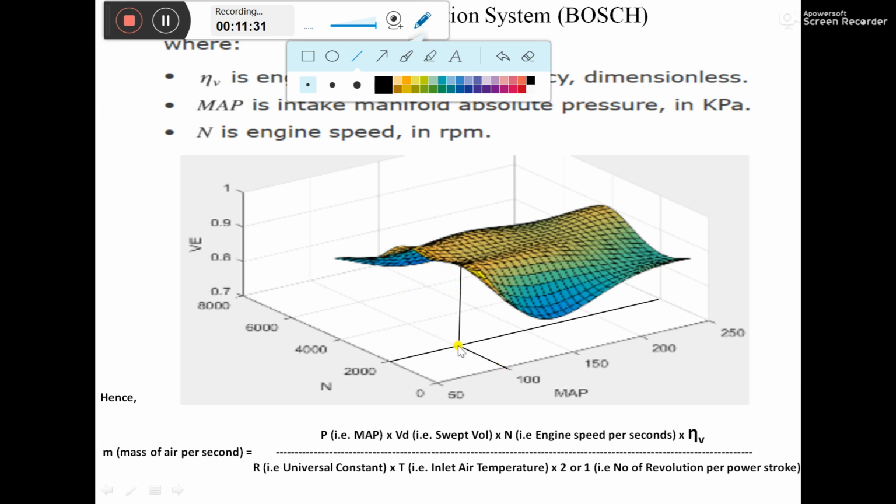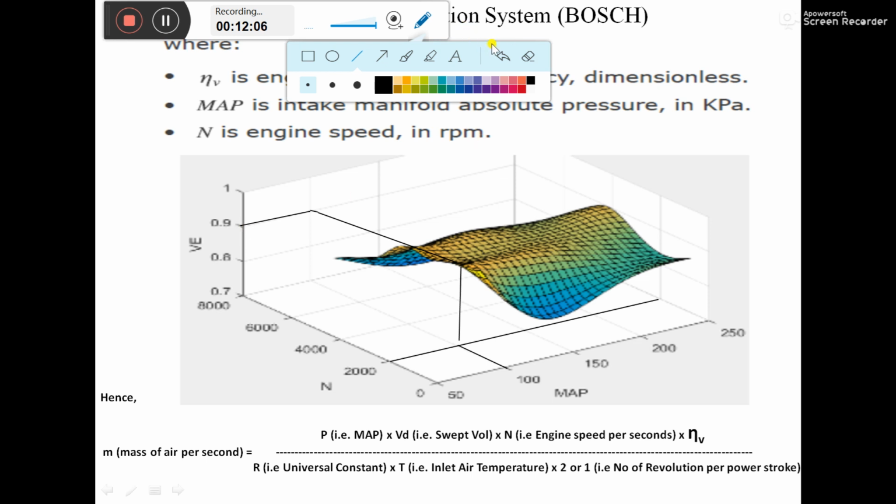Through the intersection of 2000 and 100, we draw a vertical line which intersects somewhere on this surface. From that point we draw a horizontal line to the z axis, and whatever magnitude it indicates, here 0.9, will be your volumetric efficiency.